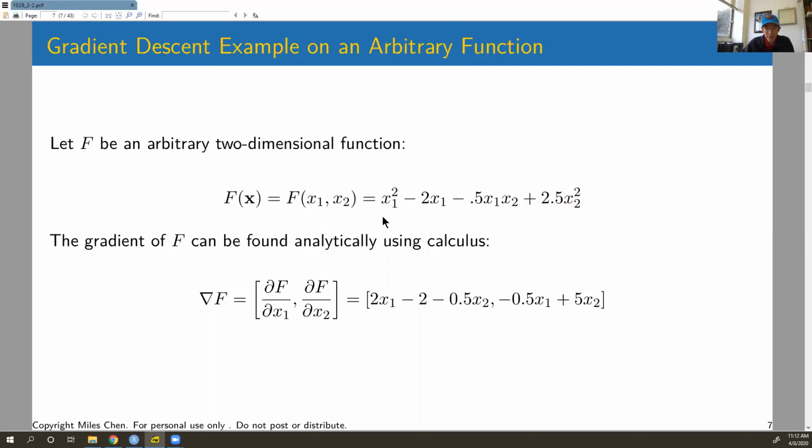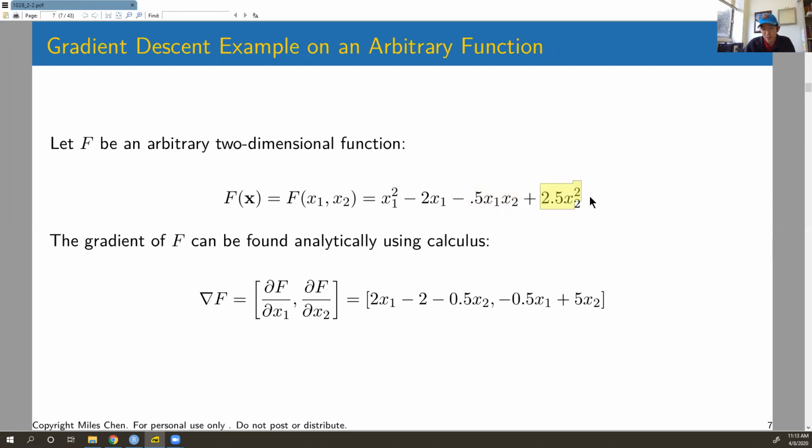I do the same thing and I take the partial derivative with respect to x2, okay? This first term is a constant with respect to x2, so it zeroes out. This second term is also a constant with respect to x2, so it zeroes out. This third term with respect to x2 is going to be negative 0.5 x1.